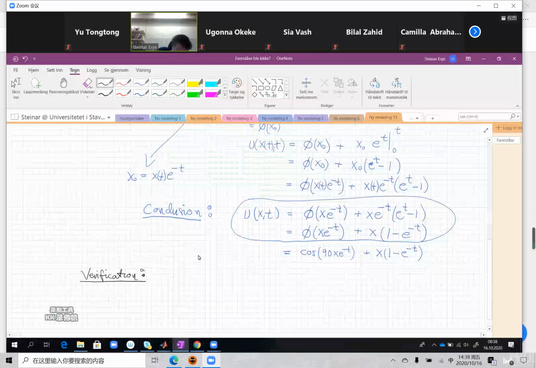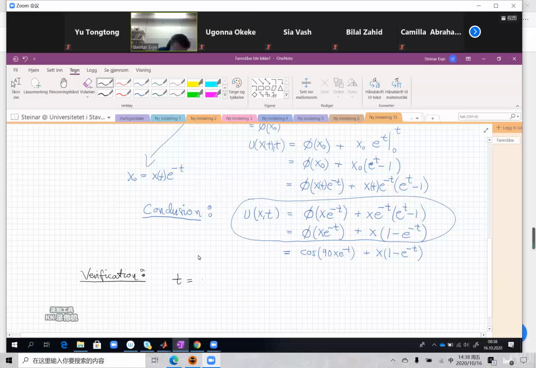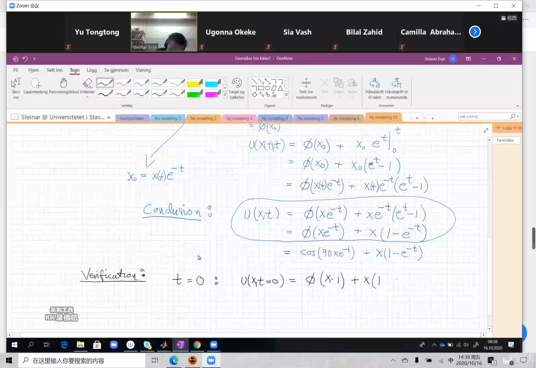So first, when we look at the situation at t equal to 0, we just insert t equal to 0 and find that gives us phi of x multiplied by 1 plus x multiplied by 1 minus 1.